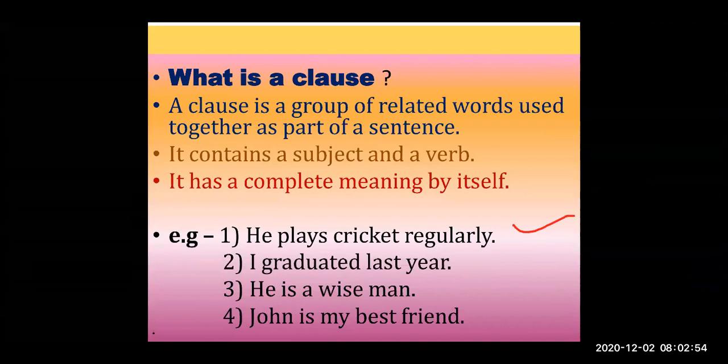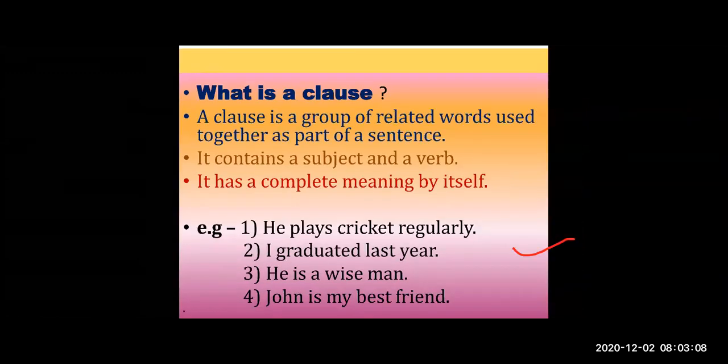Now, is it a clause? Just we will check it. Is it a group of words? If yes, it is. There is a subject plus verb combination plus complete meaning. All this we are going to see. The first sentence is what? See, he plays cricket regularly.